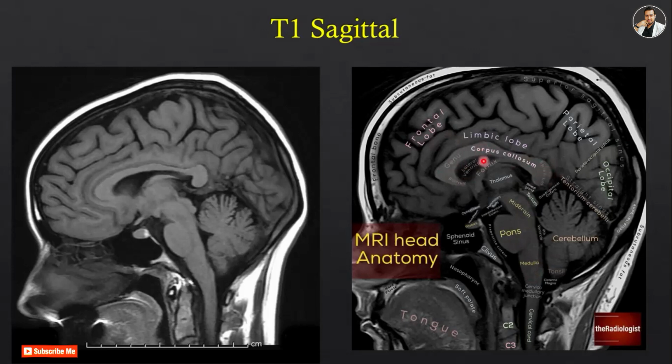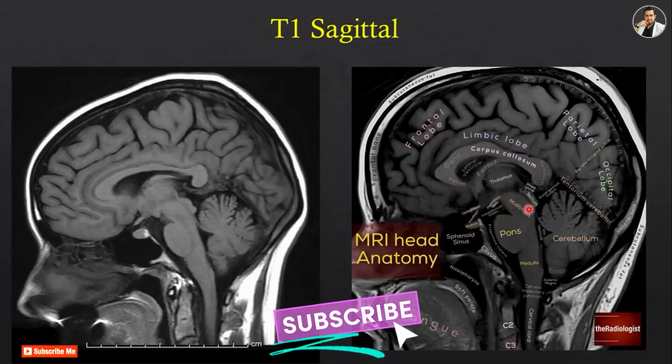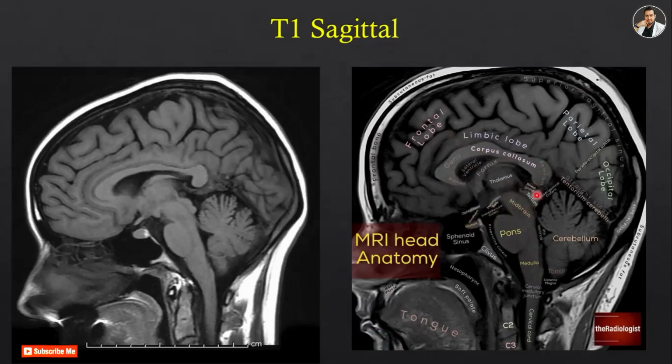The lower part of the corpus callosum is the lateral ventricle. The upper part of the corpus callosum is the sulcus.